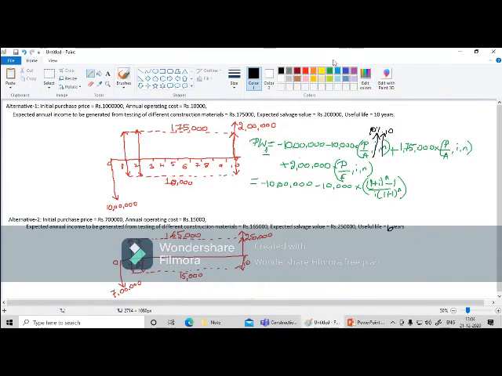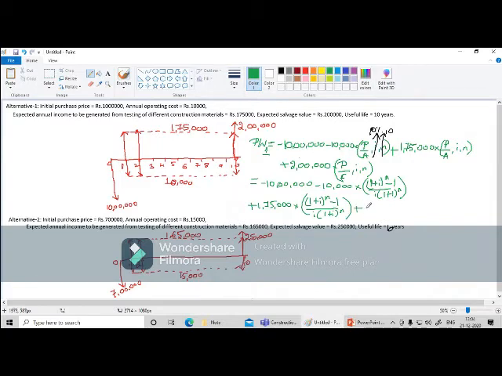Similarly for 1,75,000, again it is P by A, the same formula: 1 plus I raised to n minus 1 divided by I into 1 plus I raised to n.